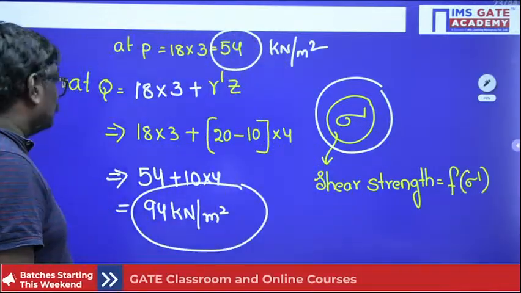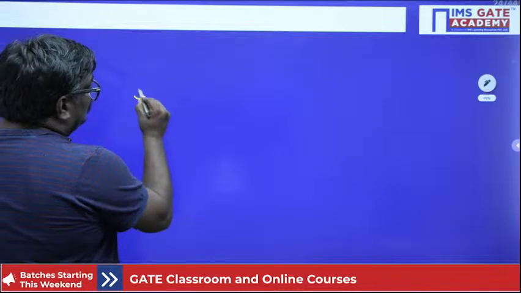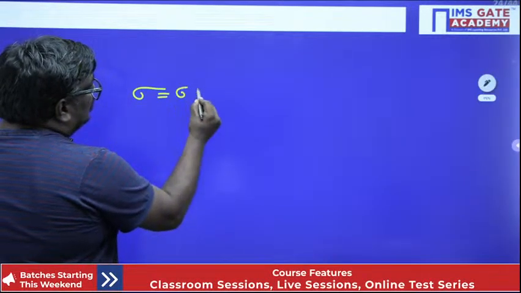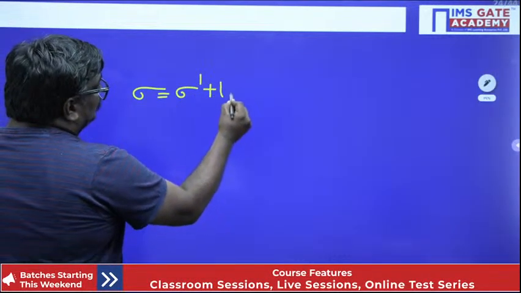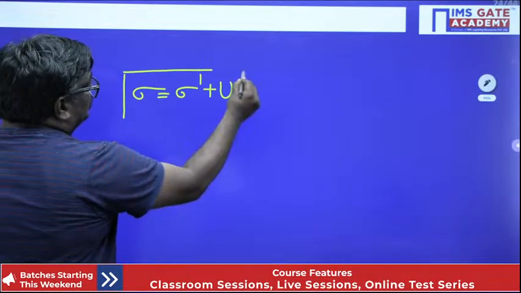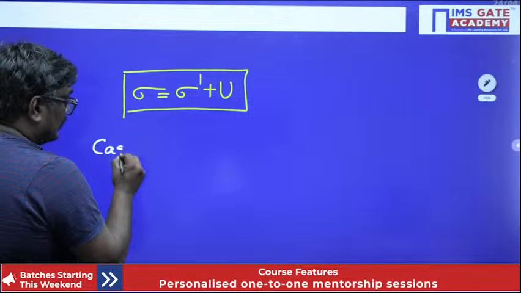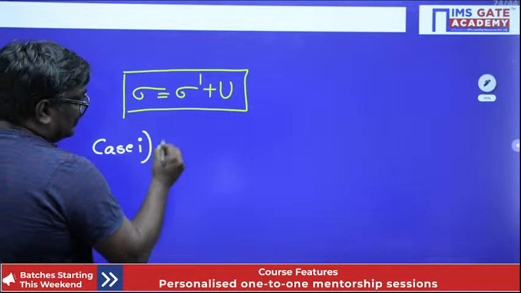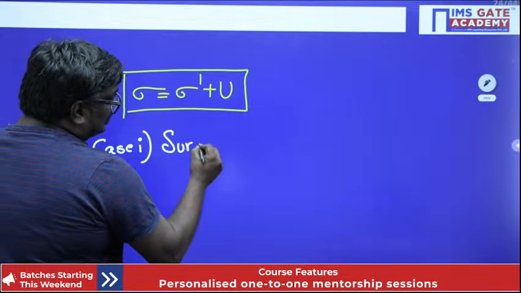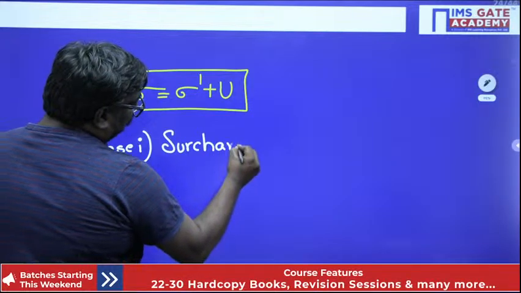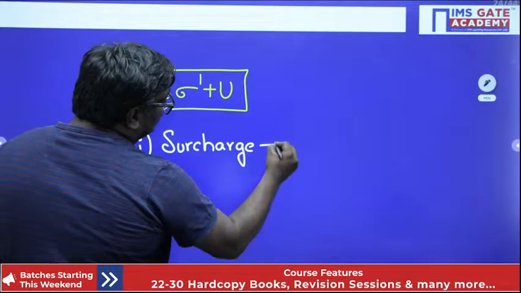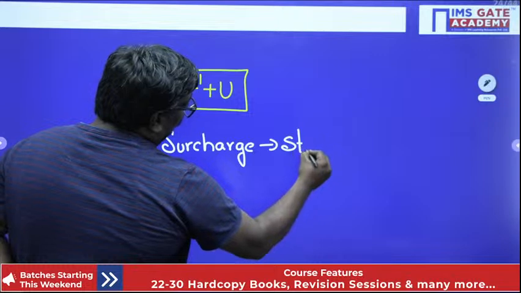So my dear students, what I would like to tell you is, total stress will always be written as effective stress plus pore water pressure. And the first important point is, in case 1, if there is a surcharge, the stress is going to be uniform.